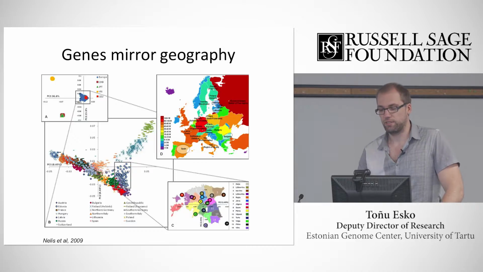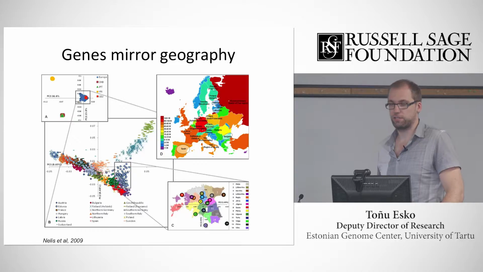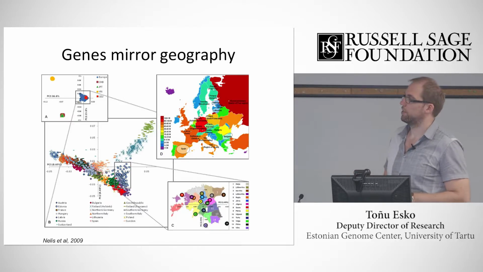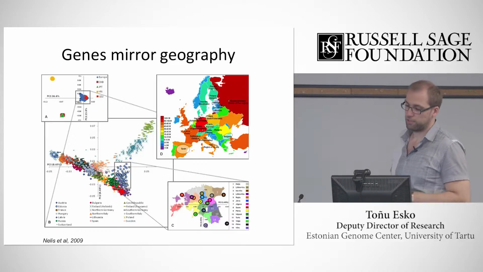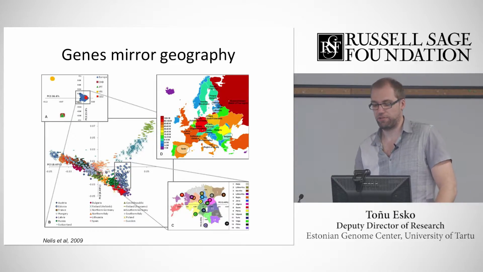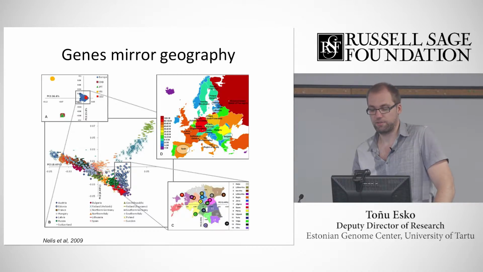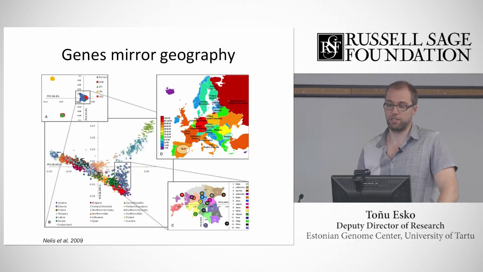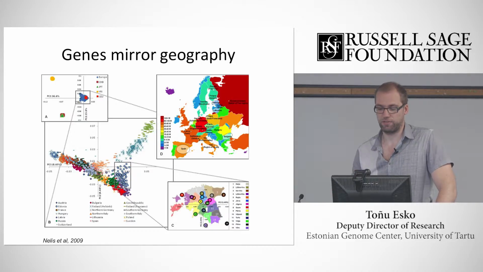So if I took the average for a given county where people were born, and then made this plot and overlaid it with the geography of Estonia, then the geographic position of a county and the genetic positioning of the county are actually exactly the same, although every county is actually 25.